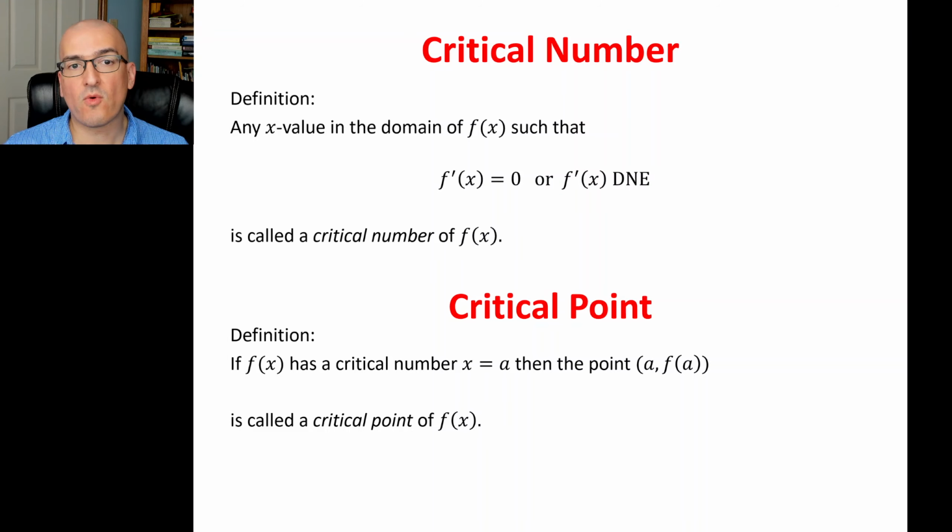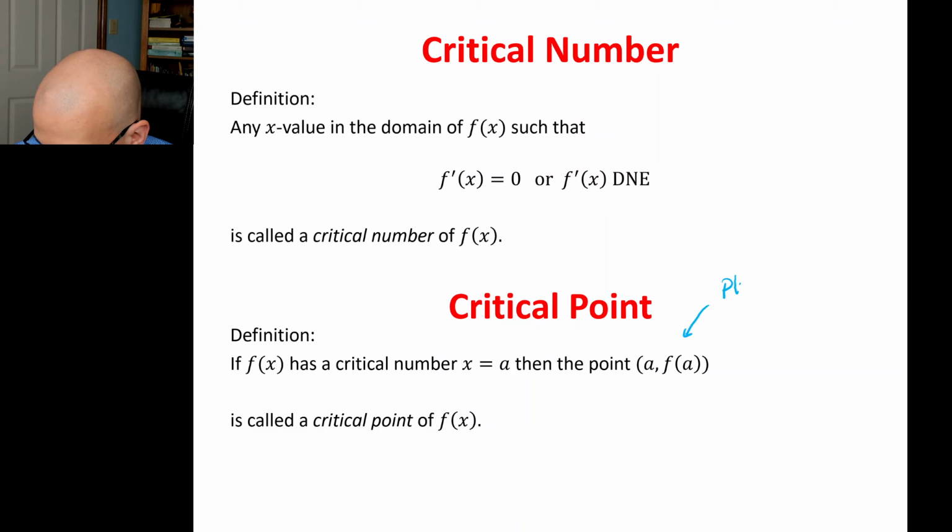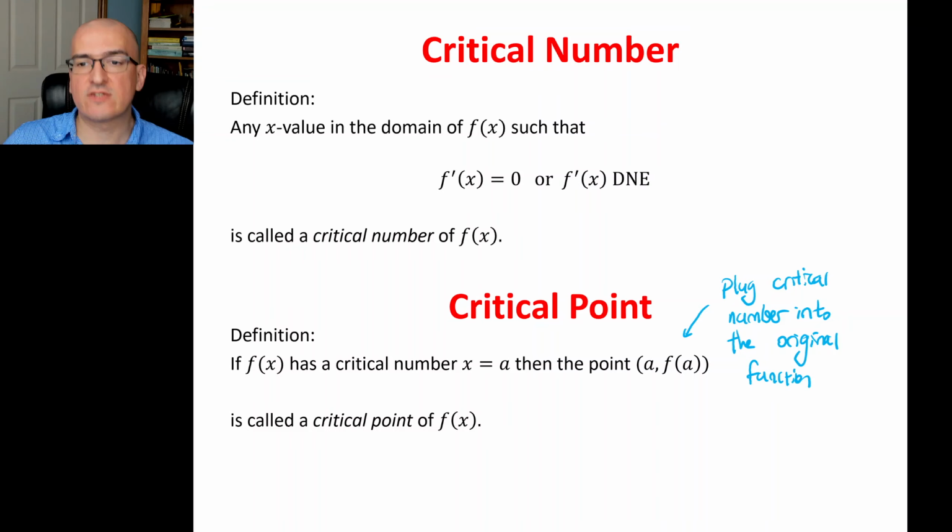The y coordinate comes from plugging the critical number, so the x value, into the original function. So the x coordinate of the critical point is the critical number. I'll be using this vocabulary throughout.